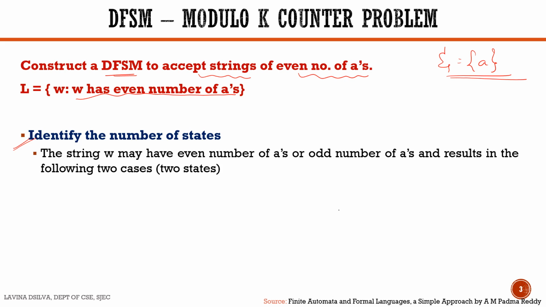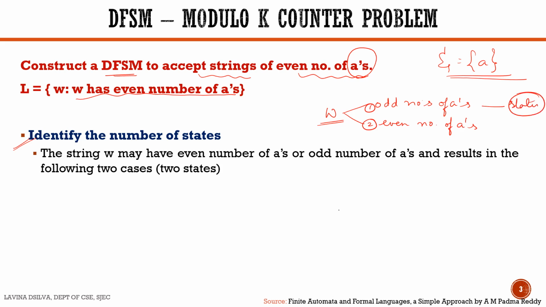Whenever we are forming strings of A's, it can be an odd number of A's or it can be an even number of A's. Only these two cases. And these cases are converted into states.